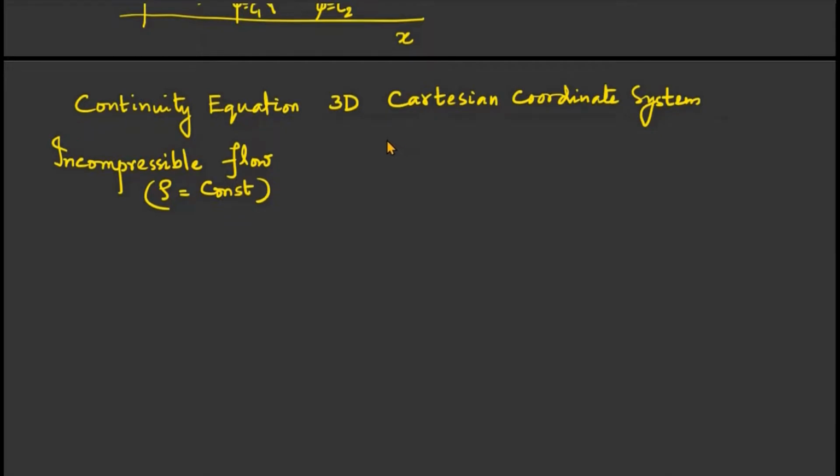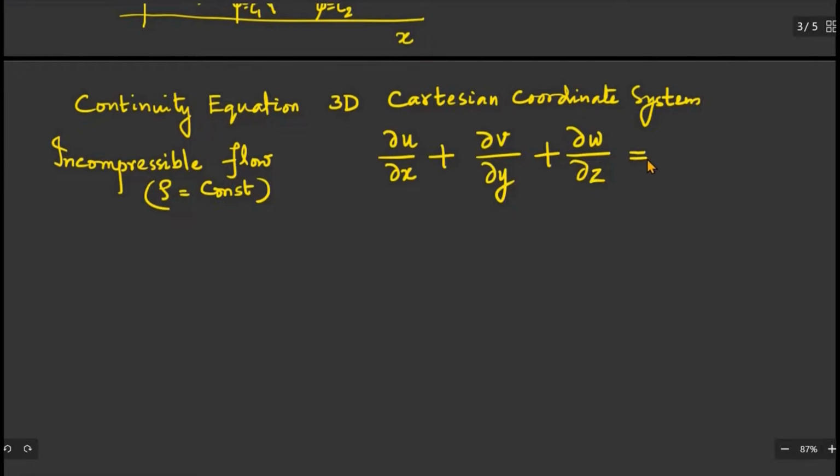We usually write it in terms of the velocity components: partial u by partial x plus partial v by partial y plus partial w by partial z equals 0. So this is actually the continuity equation.